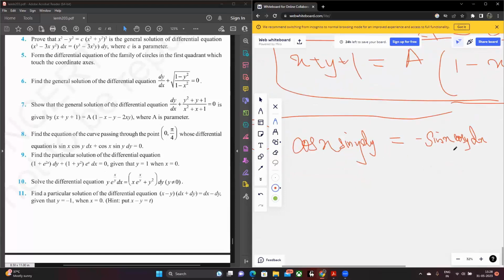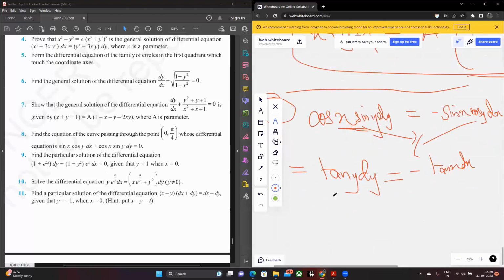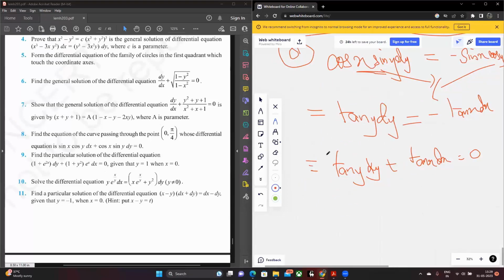So cos y goes down, sin y goes down, cos x goes down, and you basically have tan y dy equaling minus tan x dx, or tan y dy plus tan x dx equaling 0.